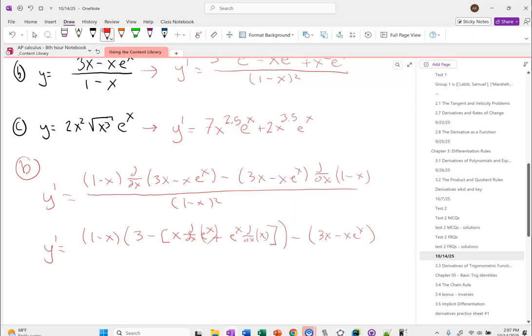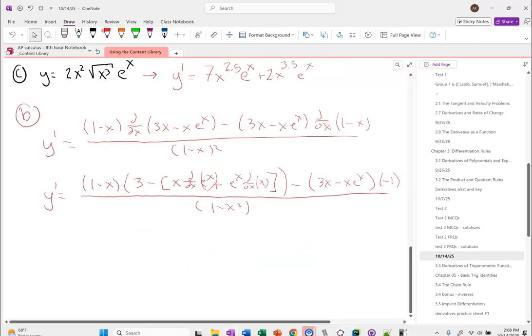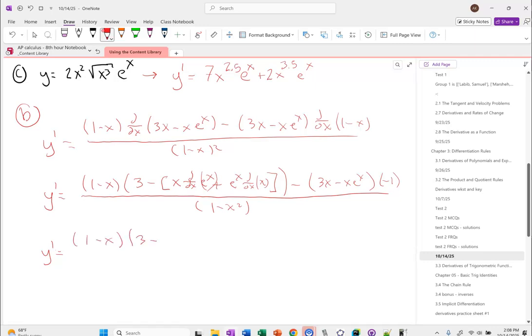And what's the derivative of 1 minus x? Negative 1. Okay? Everybody okay with where I'm at so far? The derivative of e to the x is? Yeah.